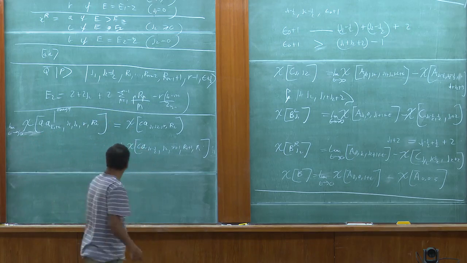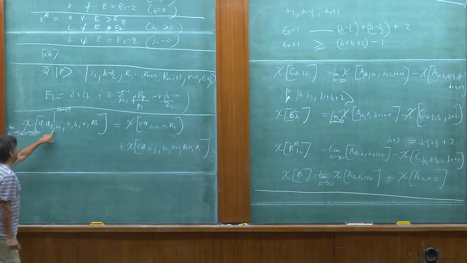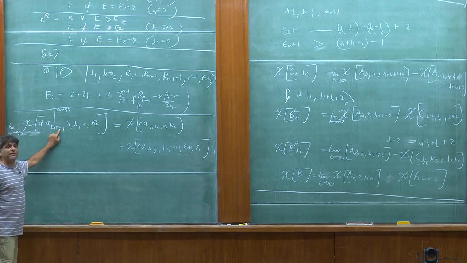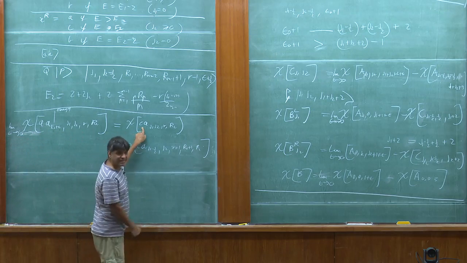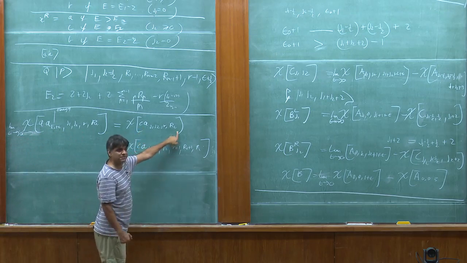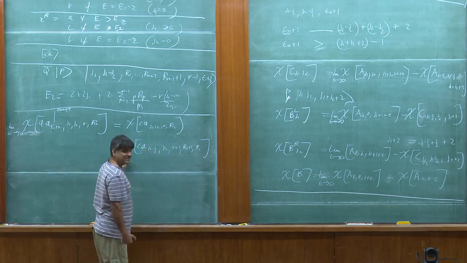Is this clear? What have I done here? I've taken energy just above epsilon 1 and taken epsilon to 0. So there's a long representation coming and hitting the left-handed unitarity bound. Then it gives us a C-type representation at the unitarity bound plus the null state.